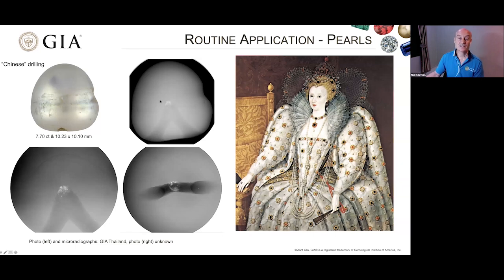So instead of buttons like we use today, they actually used pearls as buttons. And in order to secure them on the clothes, they would actually drill, you can see here, one drill hole here, and then another one at an angle, so that they could thread the thread through here and attach it to the clothes as a button.